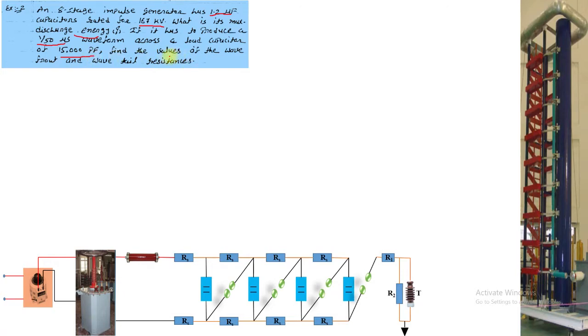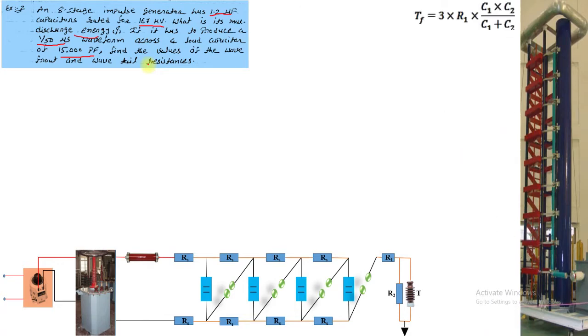In this case we also need to determine the wavefront resistance and wave tail resistance. In the previous example we had the wavefront and wave tail resistances, whereas in this problem we have the wavefront time and wave tail time.